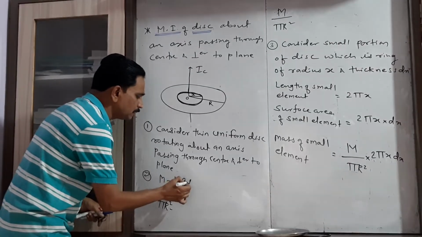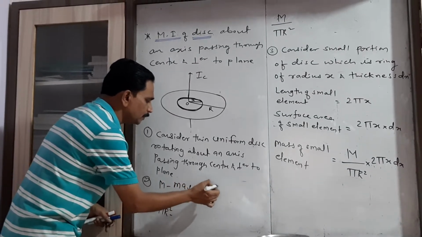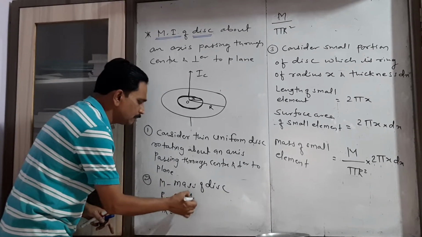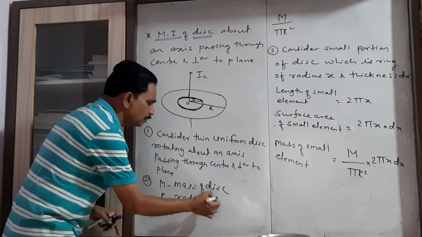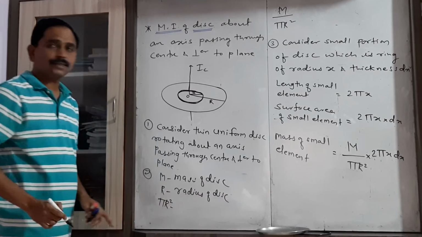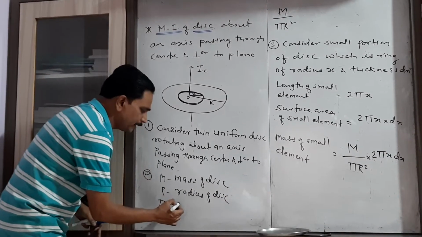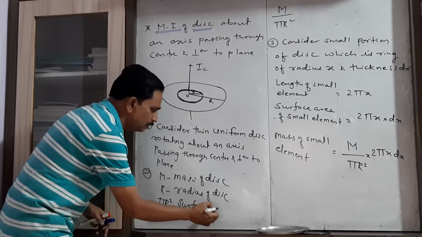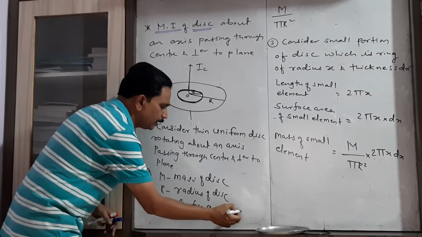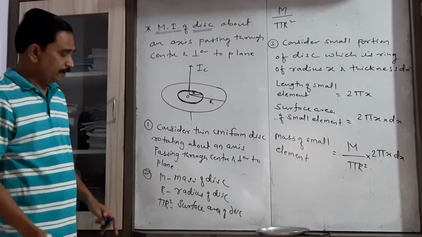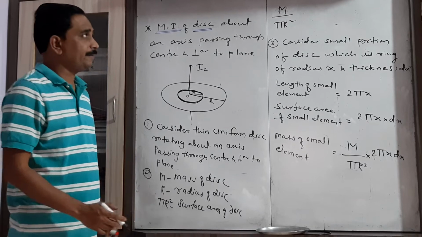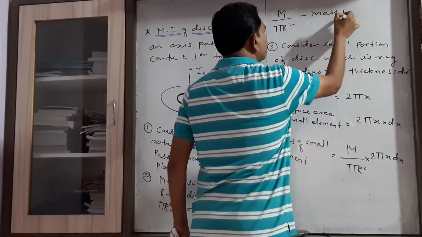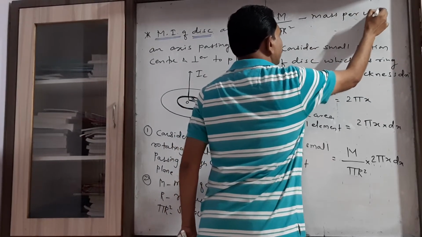So m be the mass of disc, capital R, that is the radius of disk, pi r square, that is the surface area of disk. Now here we have to consider one more parameter, that is m upon pi r square, which is called as mass per unit surface area of disk.